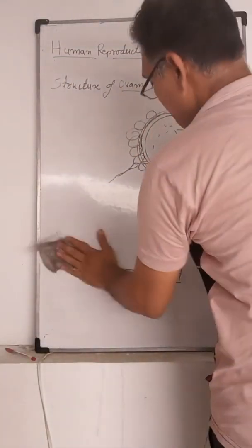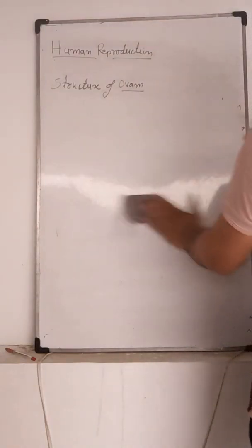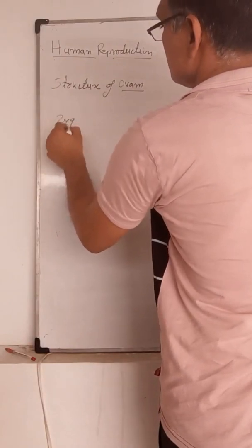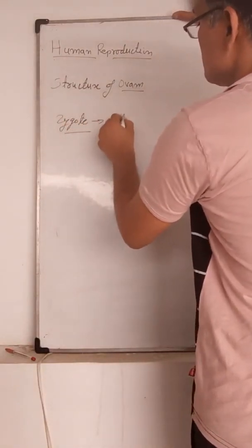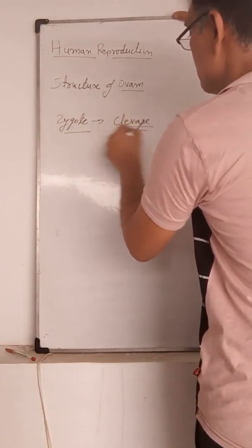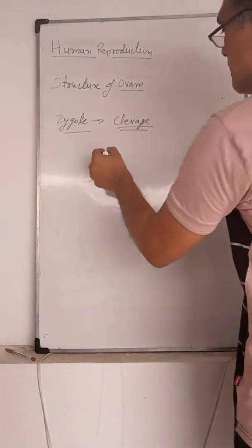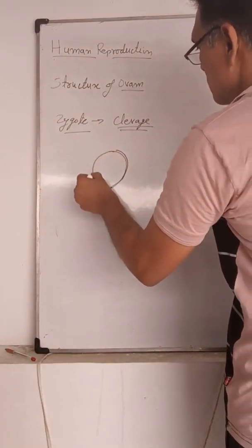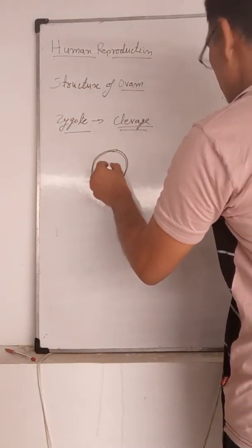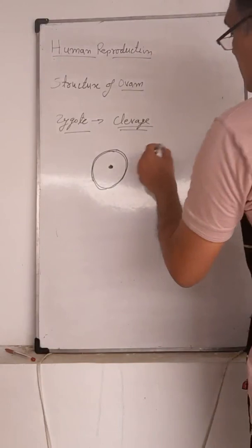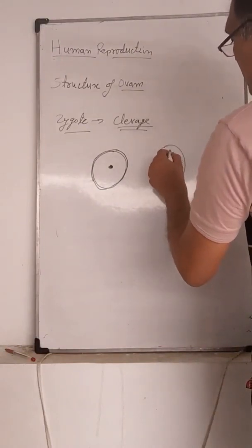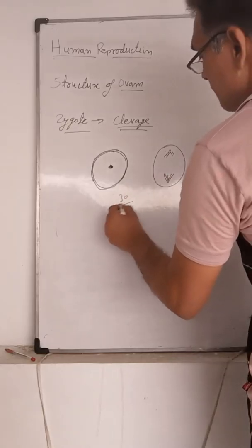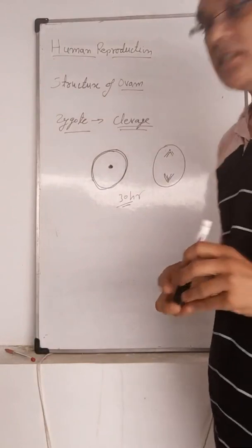Now, just after fertilization, division starts in the zygote, and that is known as cleavage. This is the zygote with a diploid nucleus. The first division occurs within 30 hours after fertilization.